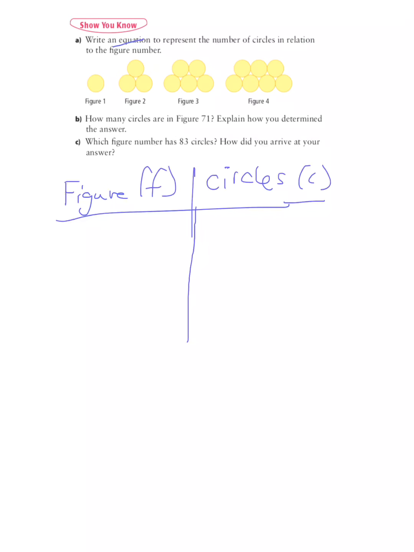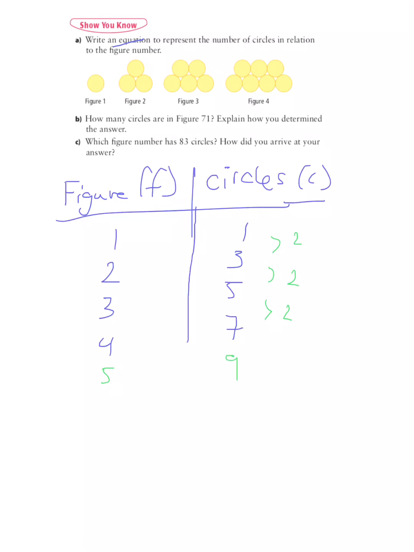Okay, so figure 1 has 1 circle, figure 2 has 3 circles, figure 3 has 5 circles, and figure 4 has 7 circles. Okay, we're done the table. If we had to, let's say it said predict the next value, how many would figure 5 have? Well, we're going up by what? 2, right? Every time we're going up by 2.